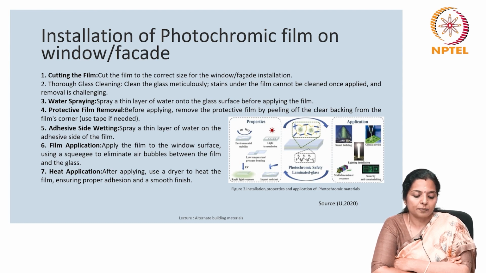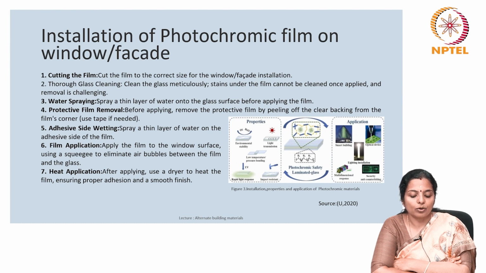Third is water spraying. Spray a thin layer of water onto the glass surface before applying the film. Fourth is protective film removal. Before applying, remove the protective film by peeling off the clear backing from the film's corner. You could use a tape if needed. Then the adhesive side wetting.